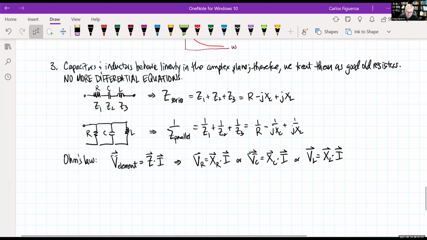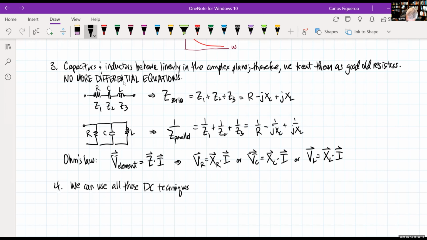And so then we could just quickly summarize everything. So if I go to 4, I could just say: now we can use all those DC techniques from the past.